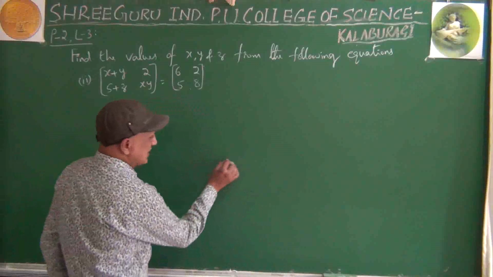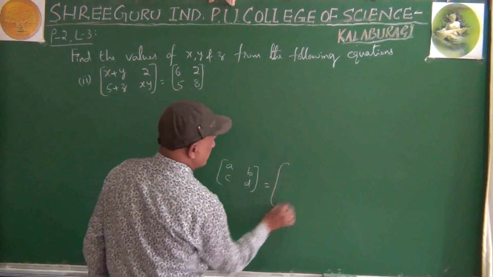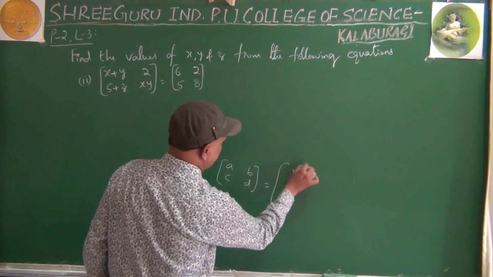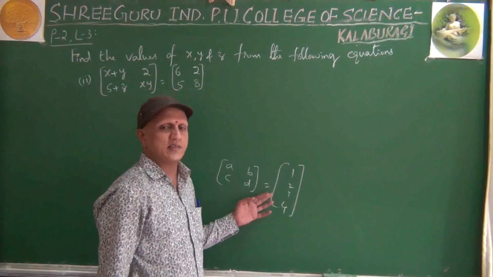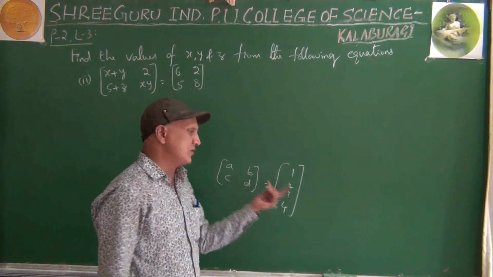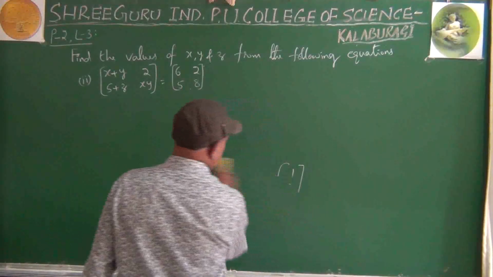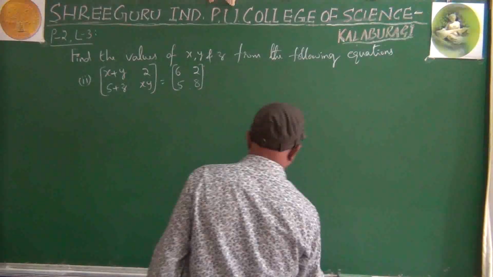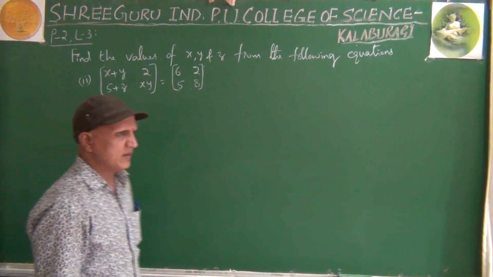They cannot give the question like this: find the values of a, b, c, d. They don't give the question like this. Why? Because equality of matrices means order should be the same. Right?